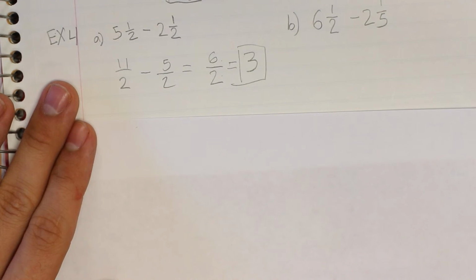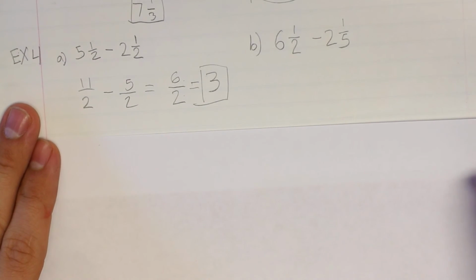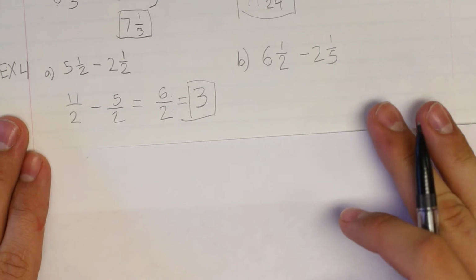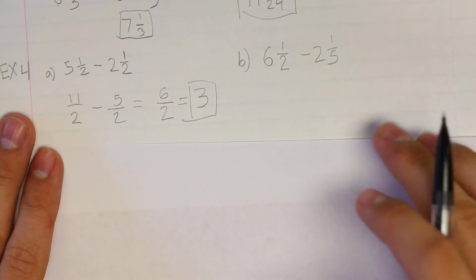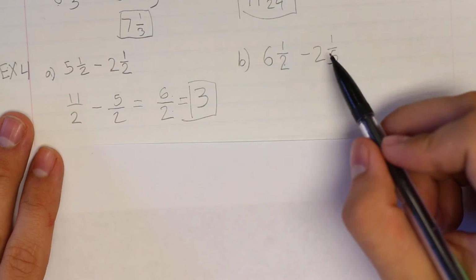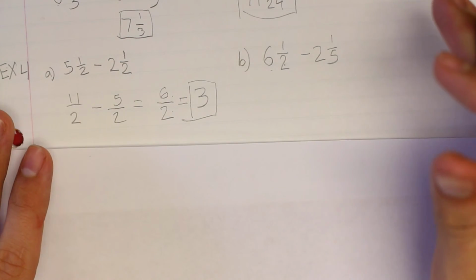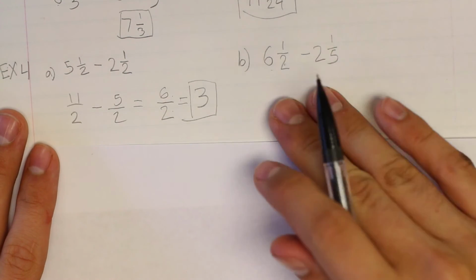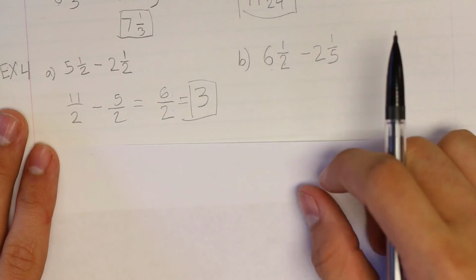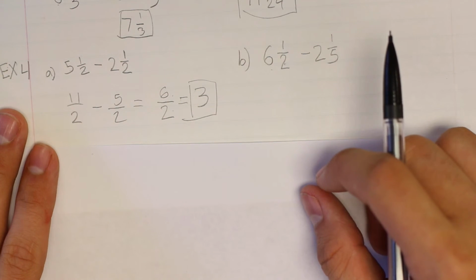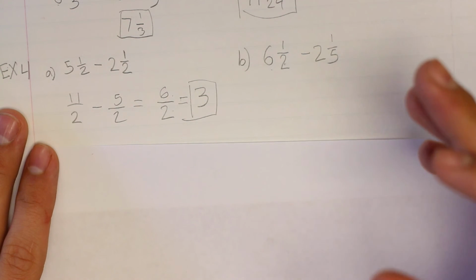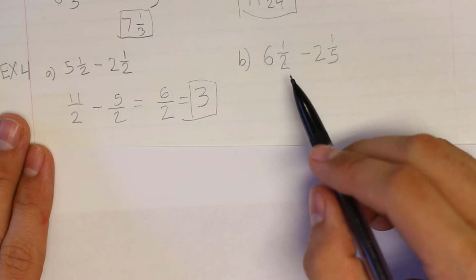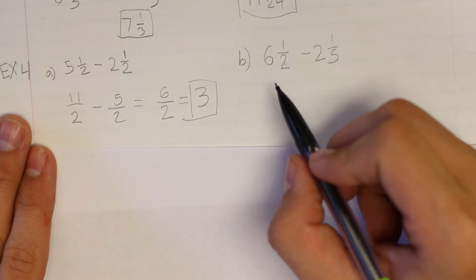But that is 3. Okay, next over here, once again, this is another example where I'm going to convert to improper, but I need to find a common denominator, okay? Find a common denominator, and you can do that first or second. Either way, it doesn't really matter. I'm going to convert to improper and find a common denominator.